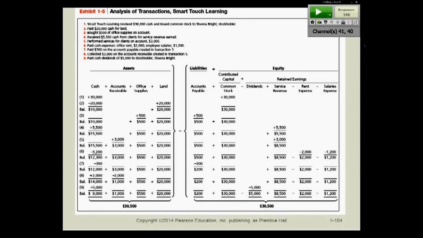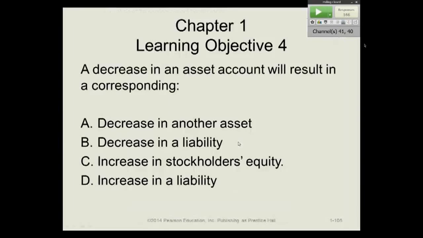Okay, let's get some questions for you. Let's make sure you understand what we just covered. And to do that, we'll go to the question for this learning objective. And we want to know, if an asset decreases, what will result? Would it be a decrease in another asset, a decrease in a liability, increase in stockholders' equity, or a decrease in liability?